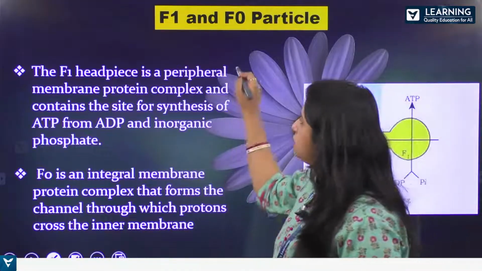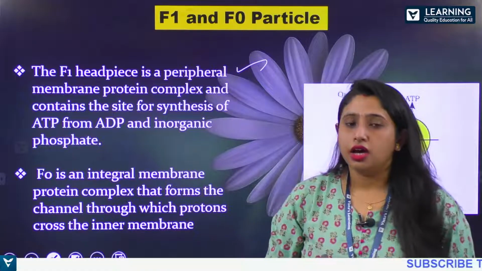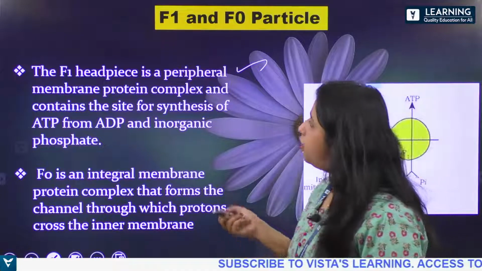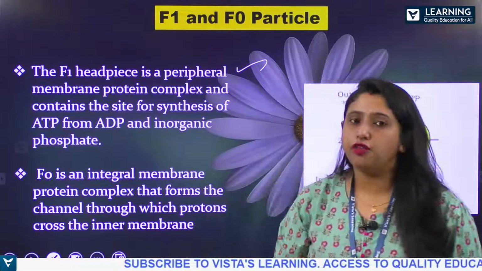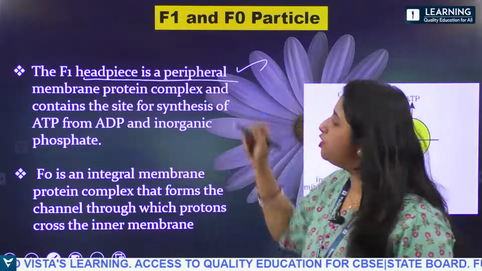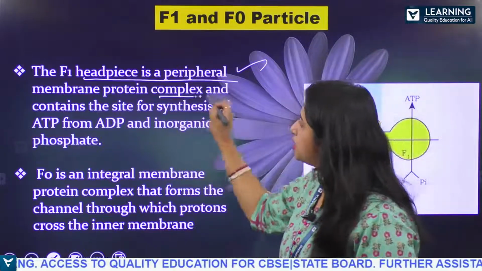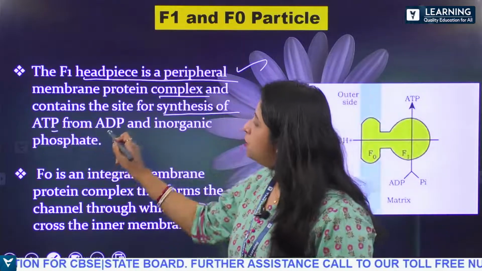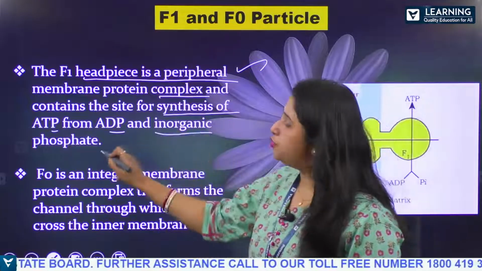Okay. Now, what are this F1 and F0 particle? F1 is the headpiece, a peripheral membrane protein complex, and it contains the site for synthesis of ATP from ADP and inorganic phosphate.